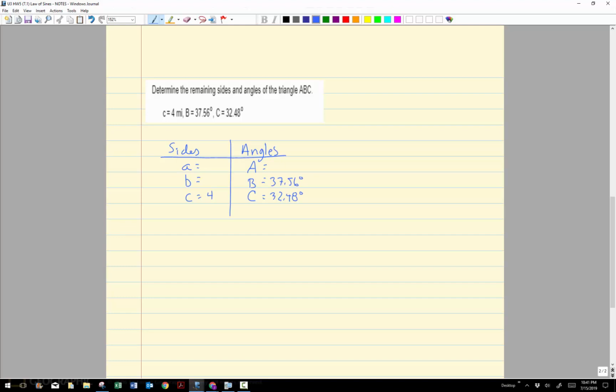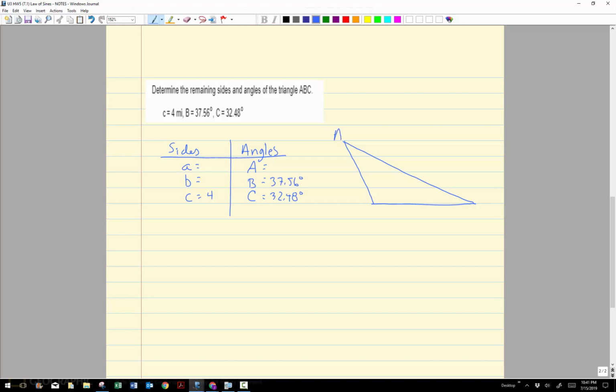Now before I get started, I'm going to give you a hint on how I know I'm using law of sines. I'll also let you know that when we're working this problem, it's oblique, there are no right angles. And the key behind law of sines is that you know at least one side and its opposite angle. That's the big important thing.